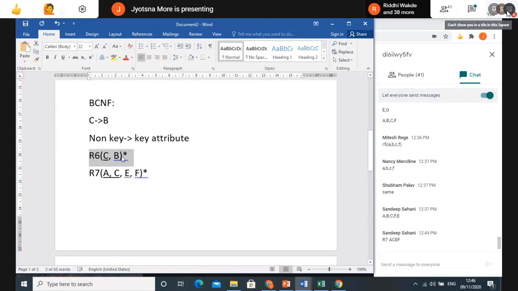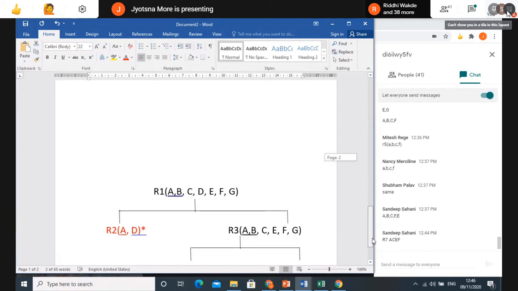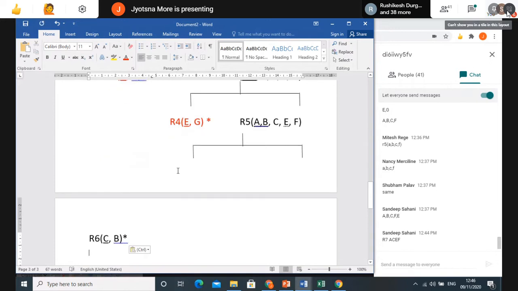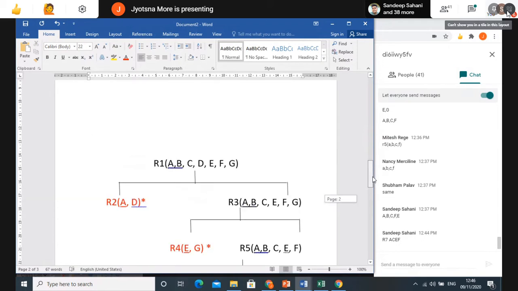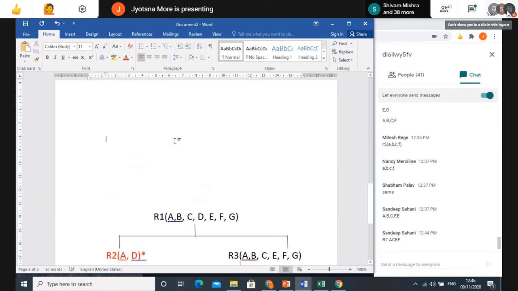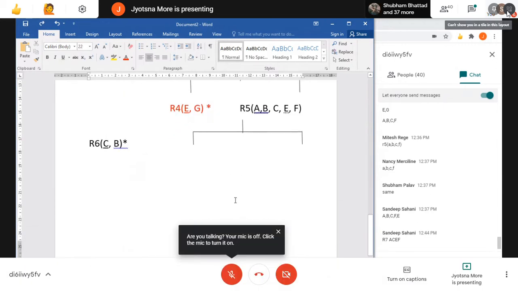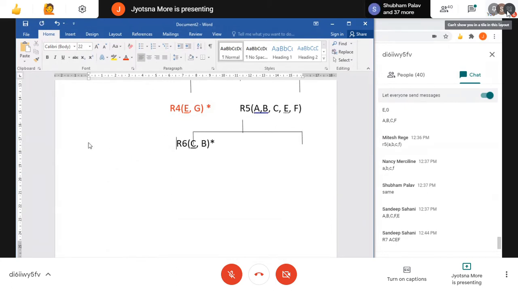All of you write down first the normalized relations, which are R2 A, D, R4 E, G, and so on.